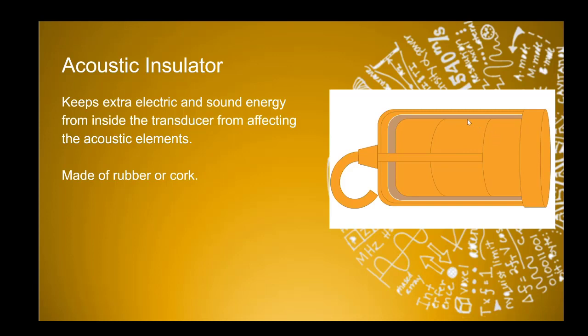So the acoustic insulator is going to absorb even more of that, because we know that these PZT crystals are very sensitive to pressure changes or to electrical changes. And so we want to absorb all the extra things that we don't want, that are not included in our diagnostic information, so it doesn't ruin our picture. The acoustic insulator is usually made of rubber or cork, something that will absorb energy very easily.